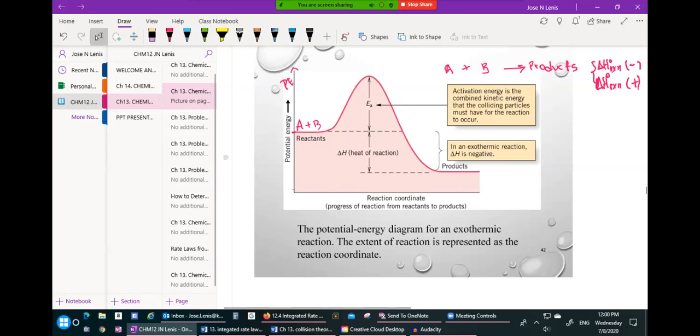So the difference between these potential energies is delta H of the reaction. And that is the amount of heat released during that process, A plus B to make products. So this is an exothermic process where delta H is negative.